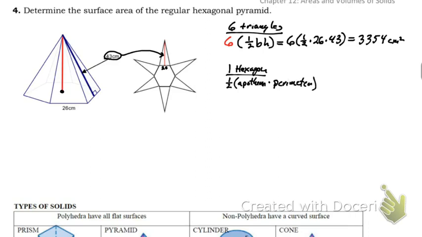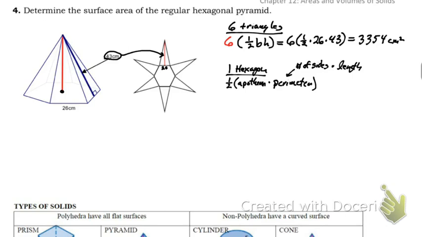And just a reminder, perimeter is your number of sides times the length of your sides. So we just need those 3 bits of information. We need the apothem, we need the number of sides, and we need the length.